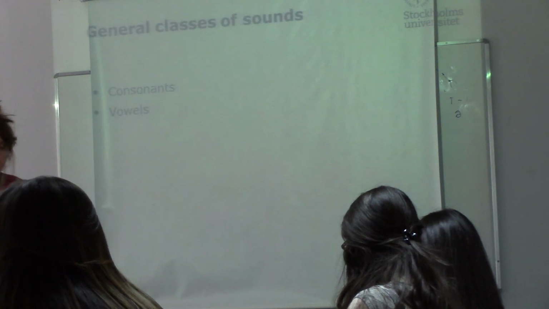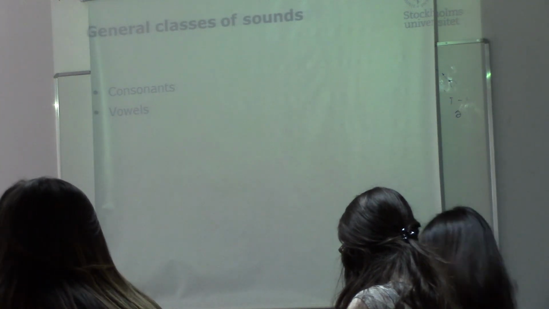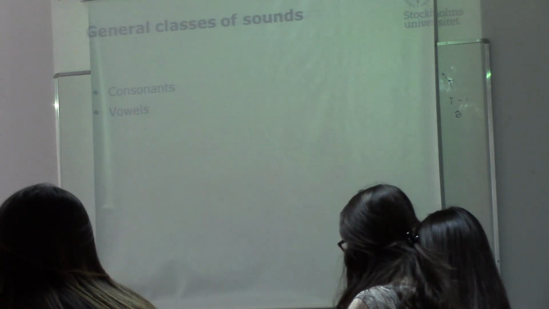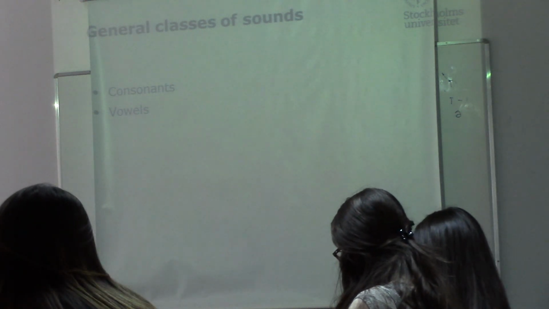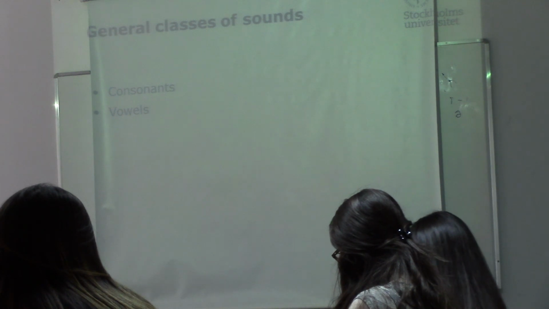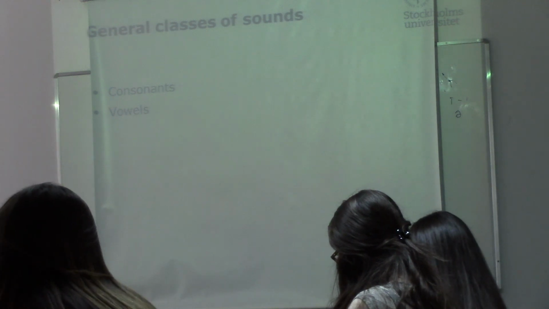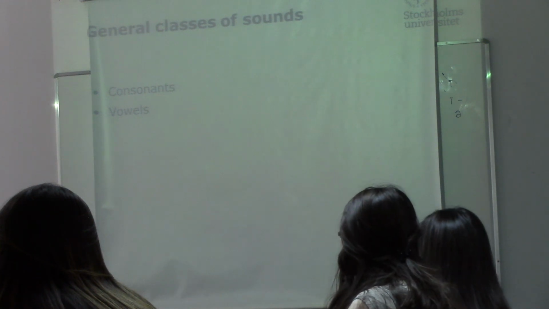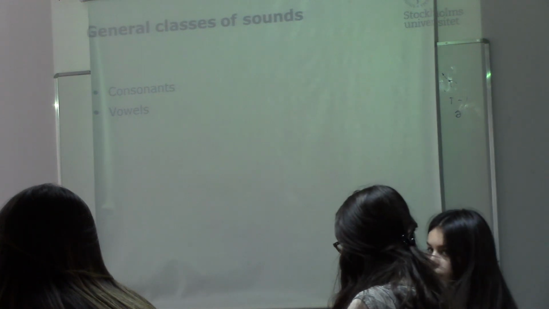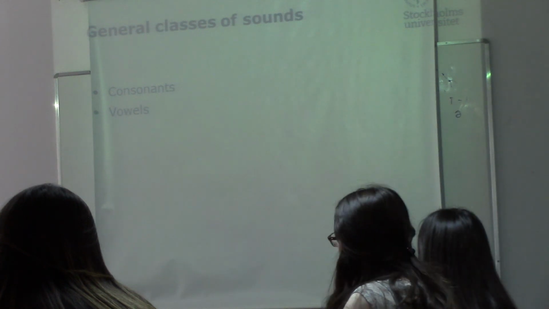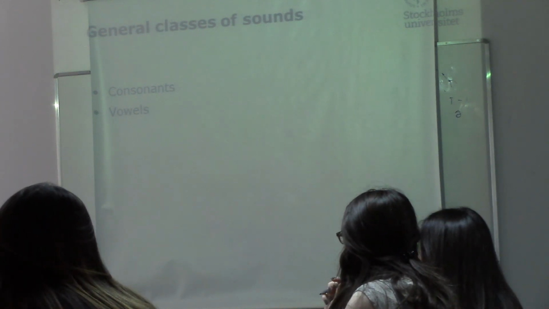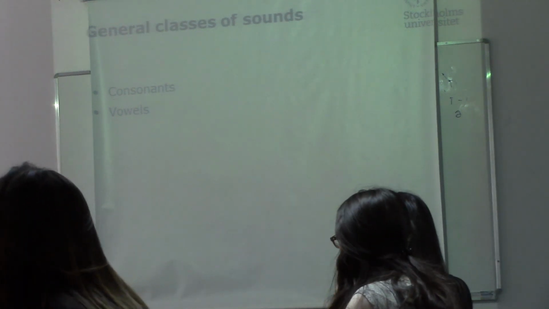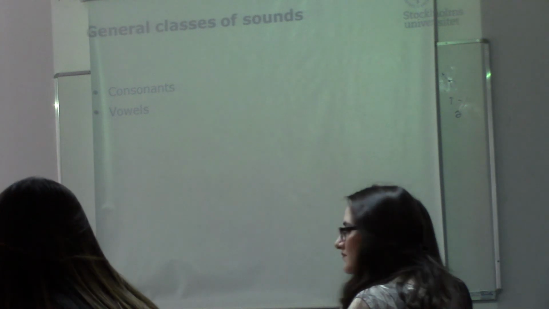If we go to distinctive features, the general classes of sounds that we tend to produce are consonants and vowels. So from last time, what characterizes a consonant in terms of articulation? Silence?